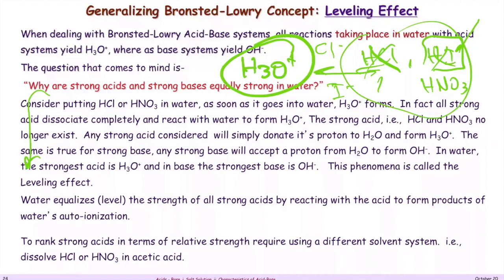You can't determine, just based on the chemical that you have, HCl or HI, that one's stronger than the other in water. Now, if you use ammonia as a solvent or acetate as a solvent, then the chemistry changes because you're not looking at water to give up the hydrogen or accept the hydrogen anymore.